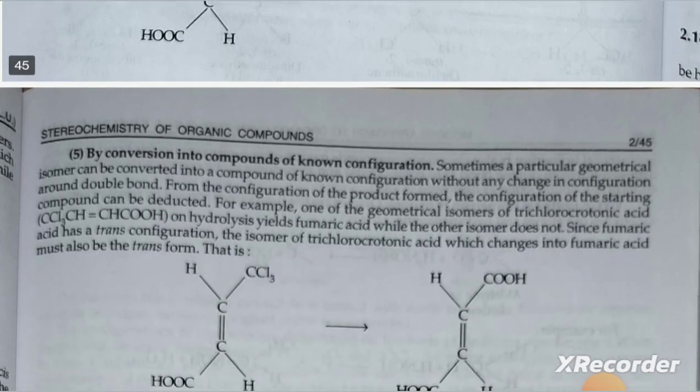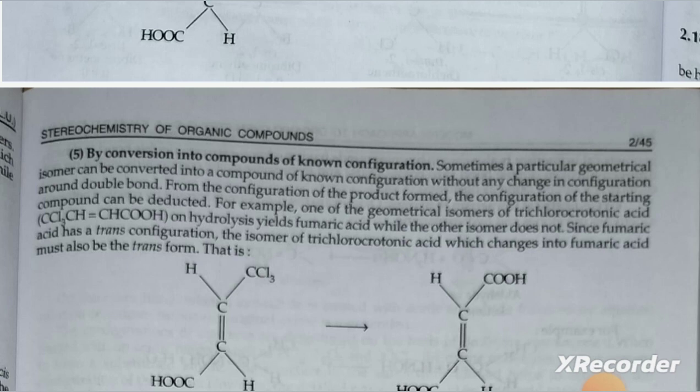Fifth is by conversion into a compound of no configuration. Sometimes a particular geometrical isomer can be converted into a compound of no configuration without any change in the configuration around the double bond. From the configuration of the product formed, the configuration of the starting compound can be deduced. For example, one of the geometrical isomers of trichlorocrotonic acid on hydrolysis yields fumaric acid while the other isomer does not.